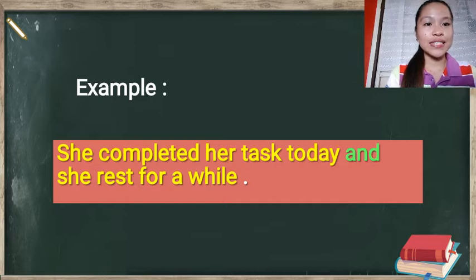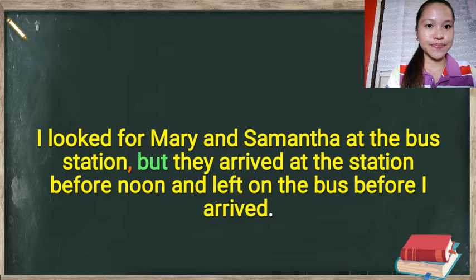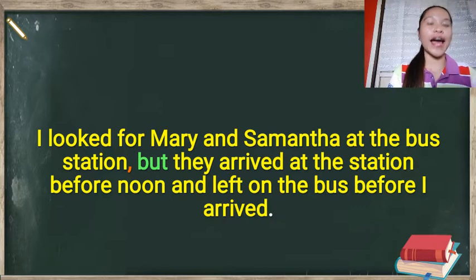So this is an example of a compound sentence. Another example for a compound sentence. I looked for Mary and Samantha at the bus station, but they arrived at the station before noon and left on the bus before I arrived.